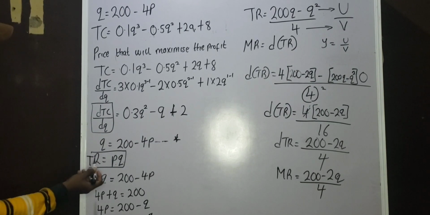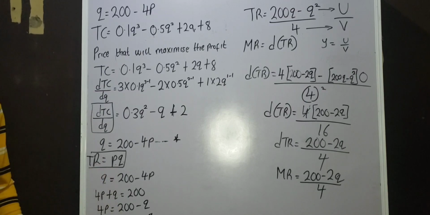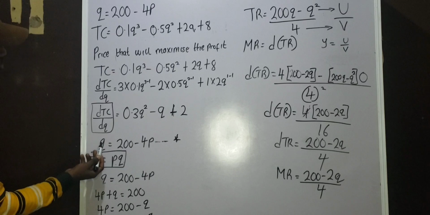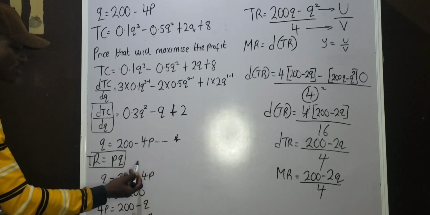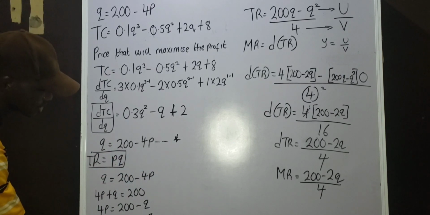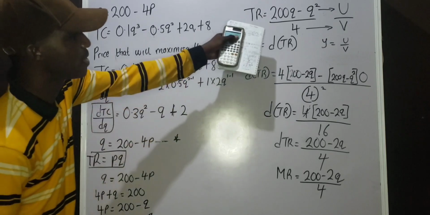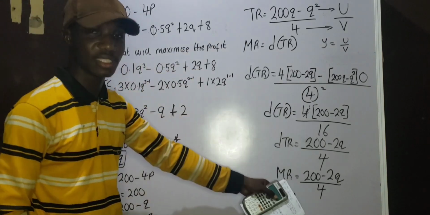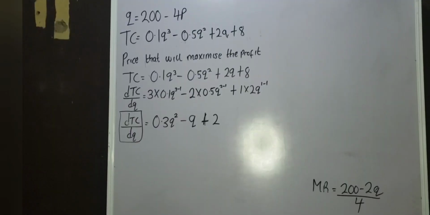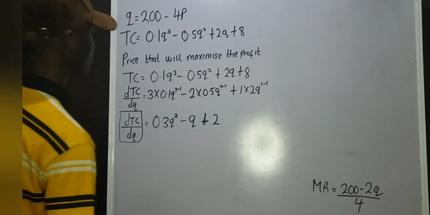The total revenue is the product of P and Q, that is the product of price and the quantity sold. They have given me that the demand schedule is Q is equal to 200 minus 4P. So I make P the subject of the relation. Then I multiply P by Q to get the total revenue. After getting the total revenue, I differentiate it to get the marginal revenue. That's it.